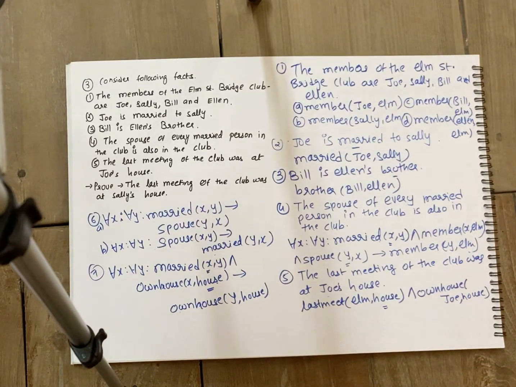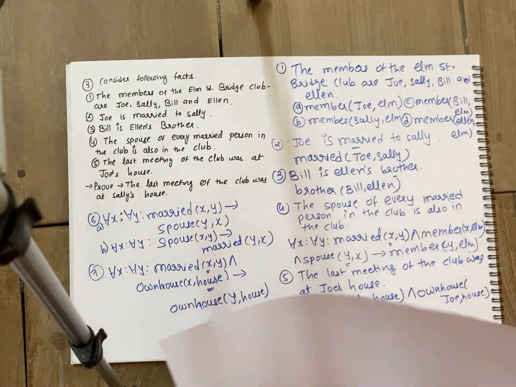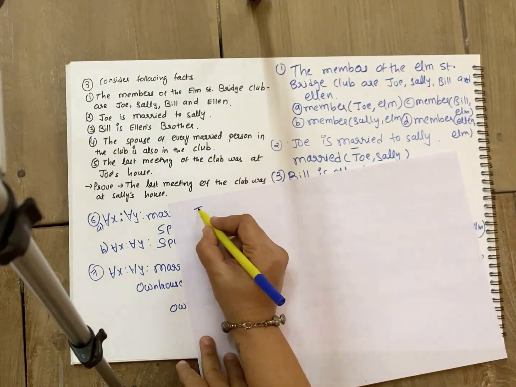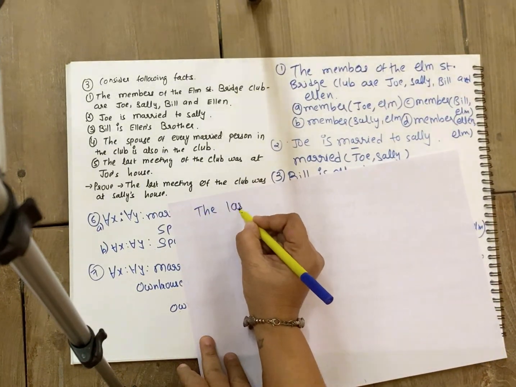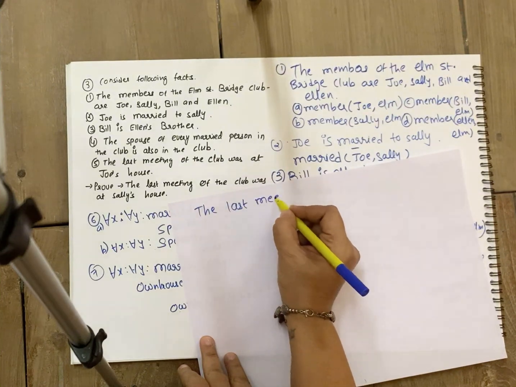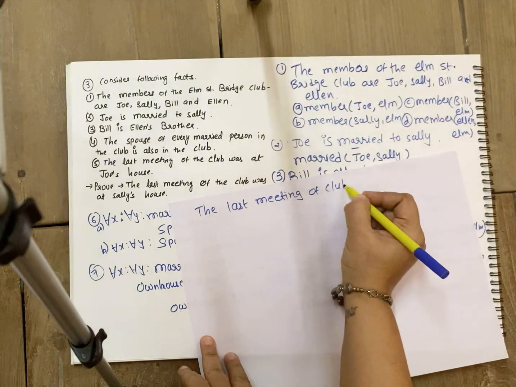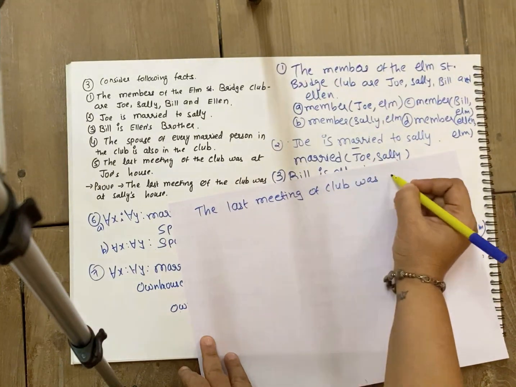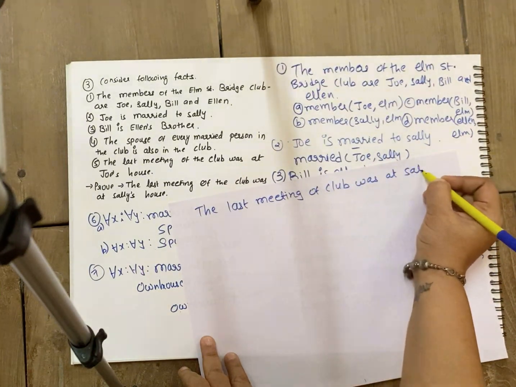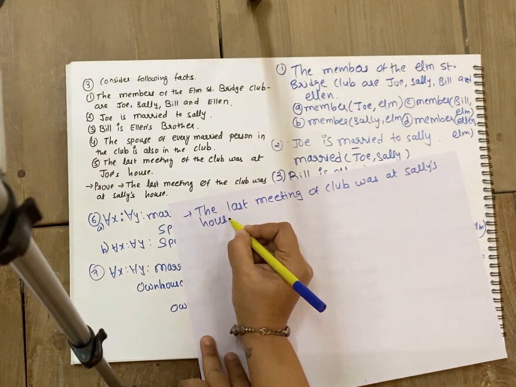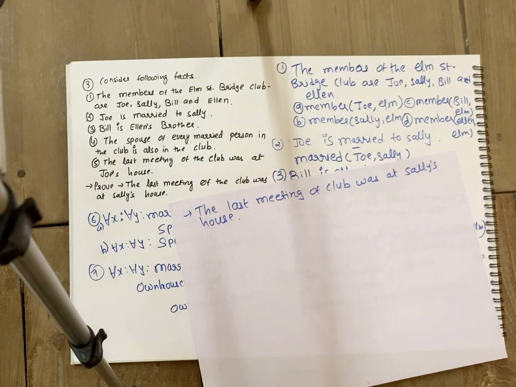Now what we are going to prove over here? Okay, let me write down the statement which we are going to prove here. The thing which we have to prove over here is the last meeting of club was at Sally's house.